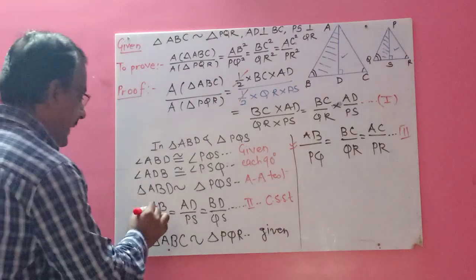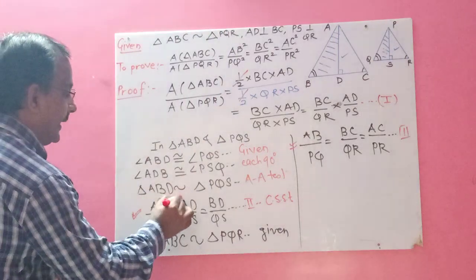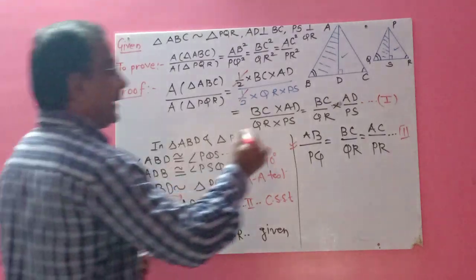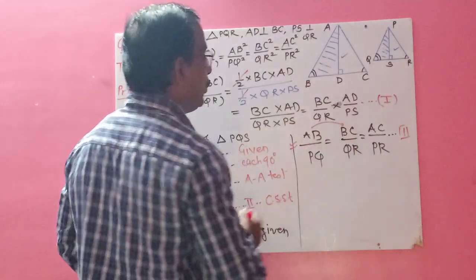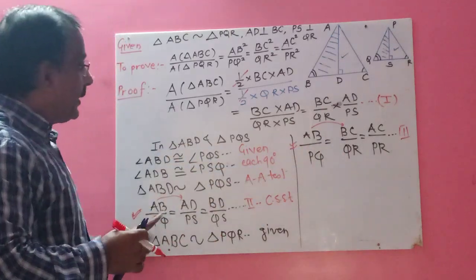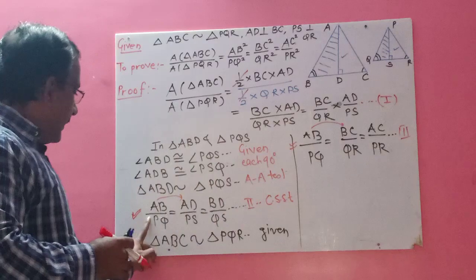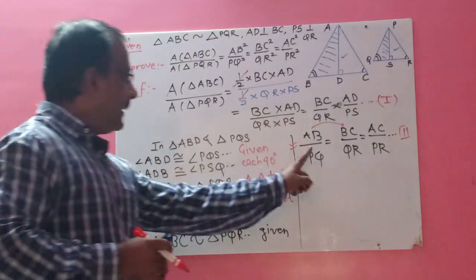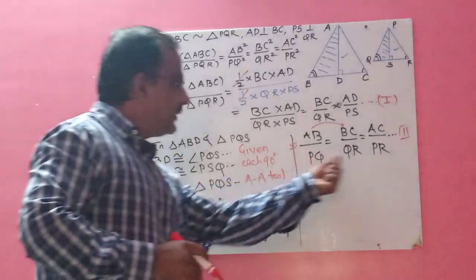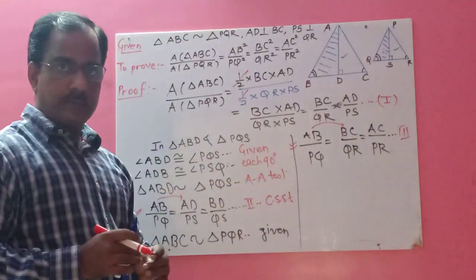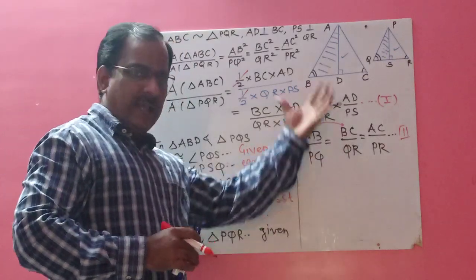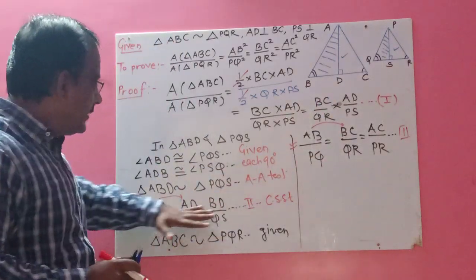Just see here, AB upon PQ is equal to AD upon PS. And again here AB upon PQ is equal to BC upon QR. AB upon PQ is equal to these three and the same thing is equal to this. I mean to say that this all and this all are equal. But as per the sum, I will not write all these three.